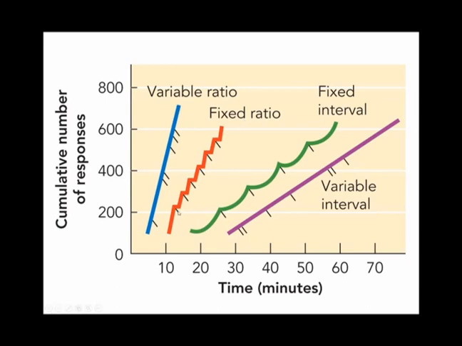And so you can see these ticks are nice and evenly spaced because it's a fixed type of reinforcement. So they're going to push the button really, really quickly until they get their food reward. And then they know that they have to push the lever now 10 more times before they get food again.